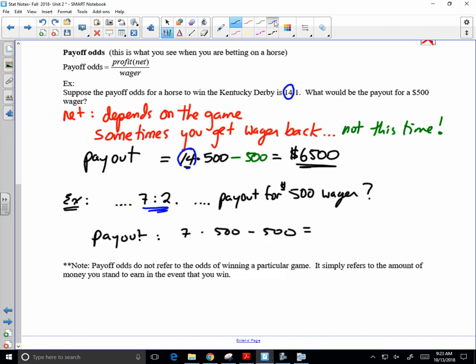That would be a problem because it's 7-2. All right? So how do we handle that? Well, we make it so that it's something to 1. So I'm going to divide each part by 2. So I get 7/2 to 1. They mean the same thing.